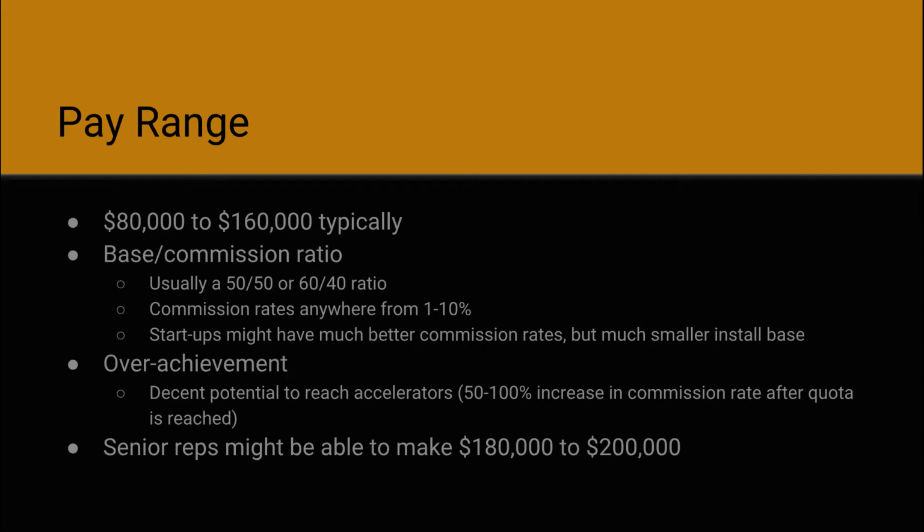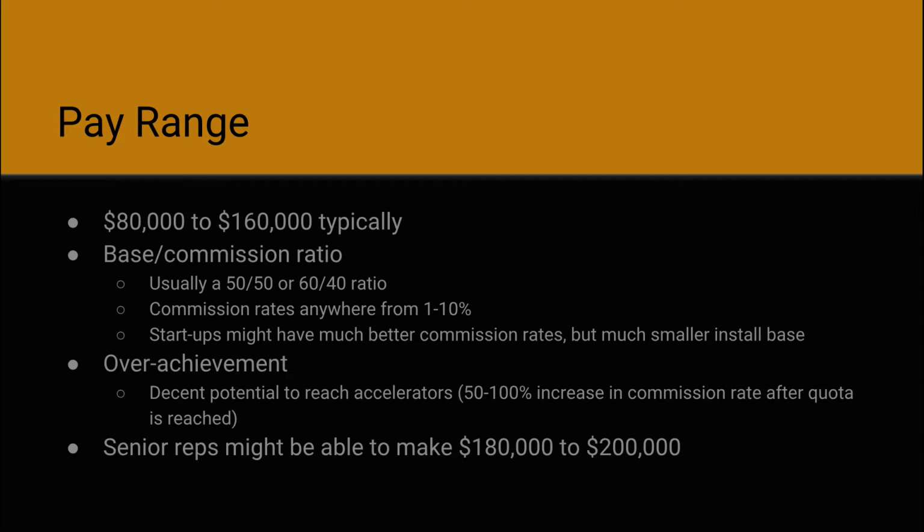That's probably the typical range that I would see. I started at the $80,000 a year range, and then I worked my way up to about $160,000 a year, and that's what I would say is typical across the board, at least in software as a service. It's usually going to be a simple base to commission ratio.